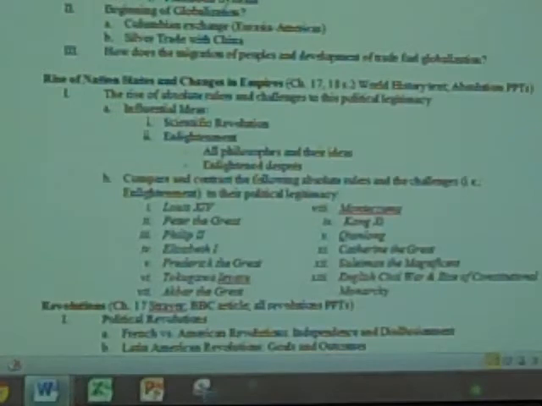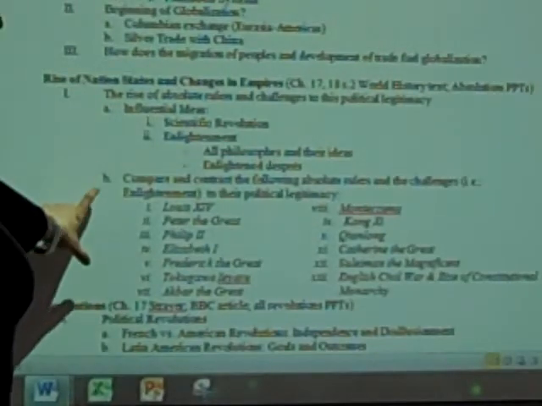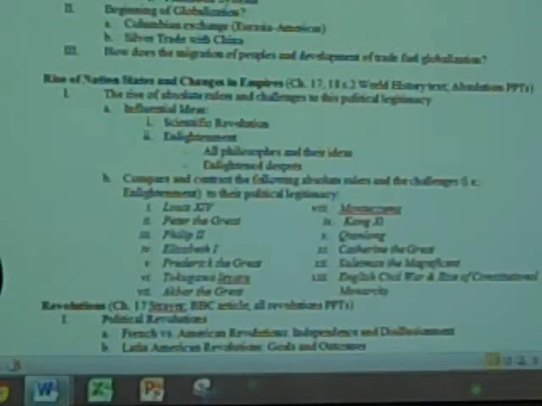Okay, when you take a look under the Rise of Nation States, Changes in Empires, those are the names from the class projects on absolutism. If you need to, look back at your class notes on those projects.